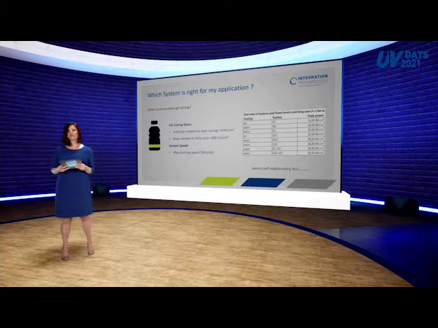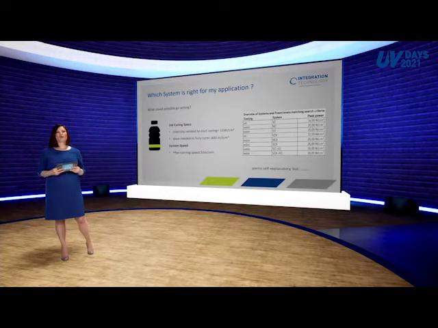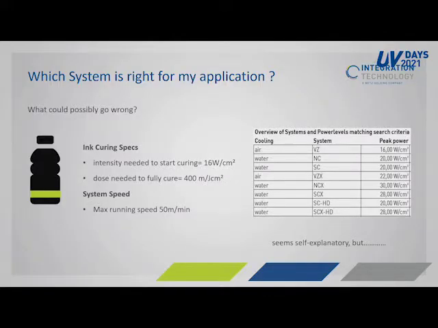So you can see here in this example, we have an ink that requires an intensity of 16 watts per centimeter squared, to get the reaction going. However, we also need a dose of 400 millijoules per centimeter squared to actually complete the curing process.